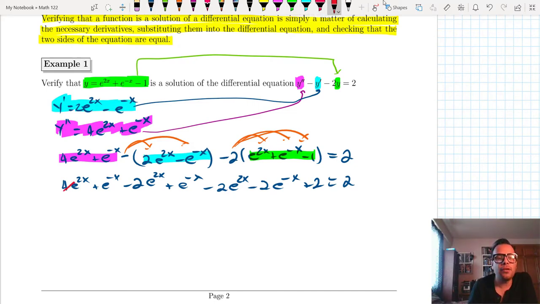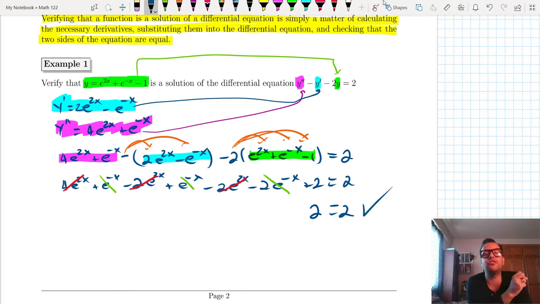Here 4e to the 2x cancels with -2e to the 2x minus 2e to the 2x. And at the same time, e to the negative x plus e to the negative x gives me 2e to the negative x, which cancels with this -2e to the negative x, leaving me with only 2 equals 2.